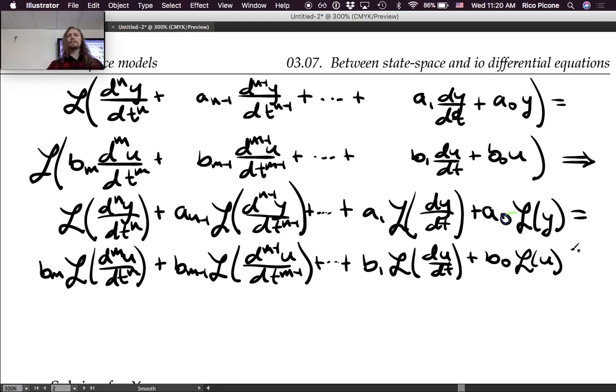Okay, so what do we do now? We have these Laplace transforms of a bunch of time derivatives, right? So we said before, we turned the page, that we're going to assume the initial conditions are 0. Do you remember the Laplace transform property of what happens if you take the Laplace transform of a derivative? It's actually one of the key things that you did to solve differential equations with Laplace transforms.